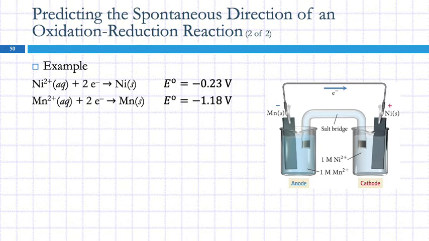So let's just be Monday lazy and try both situations. If we do nickel going to nickel ion plus 2 electrons, I've reversed the direction of the half reaction. I'm going to change the sign.